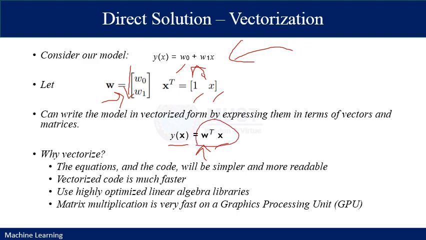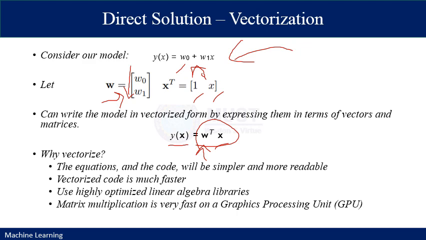So this term is a matrix multiplication. So you can write the model in a vectorized form by expressing the terms as vectors and matrices. There are many benefits to vectorizing your input feature vectors and weights. For example, the equations and the code will be simpler and more readable.